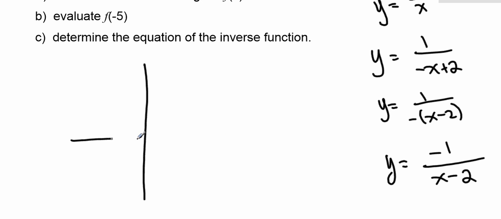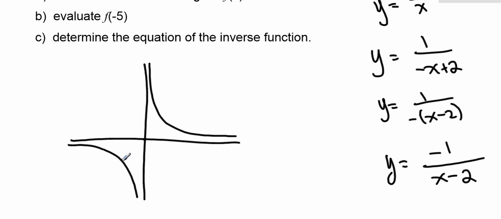Again, the original graph had asymptotes that intersected at 0, 0, and it had this reciprocal function where I had a point at 1, 1, and so on. So what does the negative sign here mean? Well, that means that we've had to reflect this over the y-axis. What you'll notice that's interesting is if I'd left it like this, it would have been a reflection over the x-axis, which would end up looking the same.